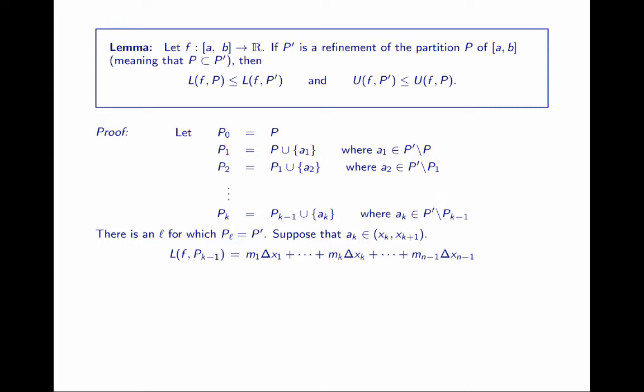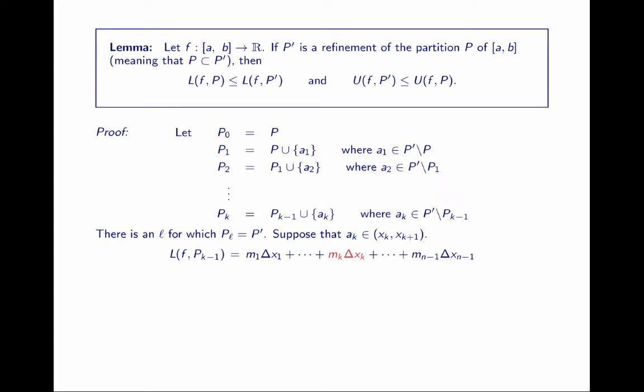Now, we're only going to prove the lemma for the case of the lower sums, but the idea is the same for the upper sums. So the lower sum is a sum of rectangular areas. Height, infimum of f over my subinterval, width is my subinterval length. Now, remember, a_k is between these two points, whose distance between them is given by delta x_k.